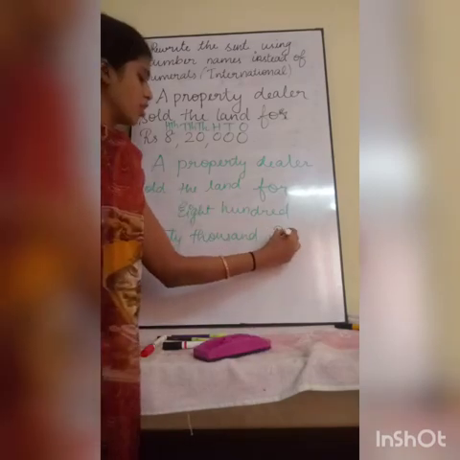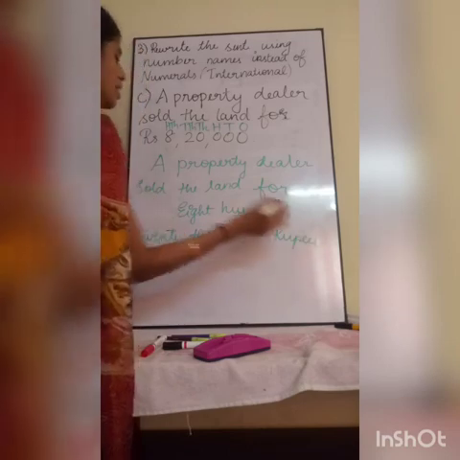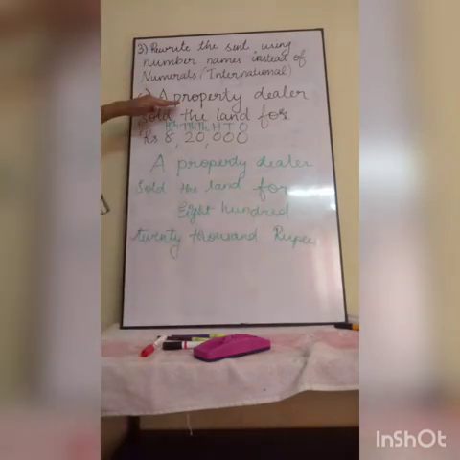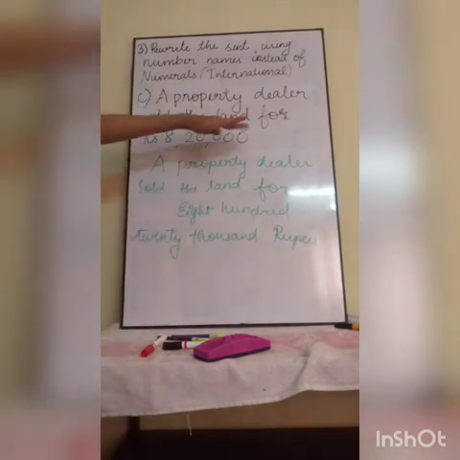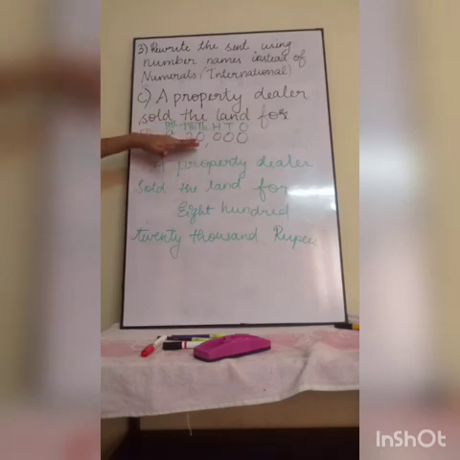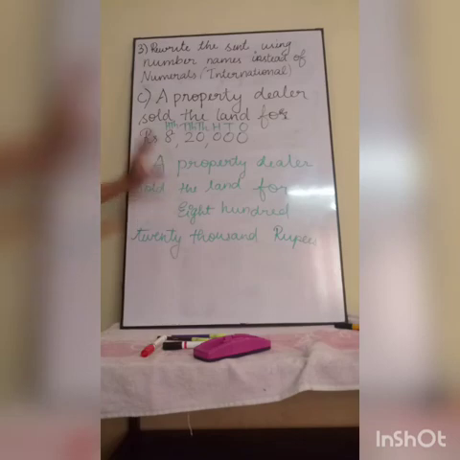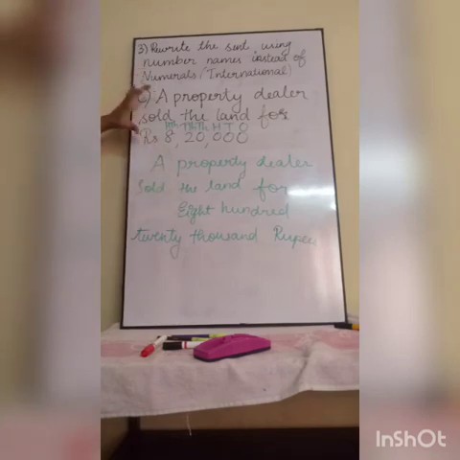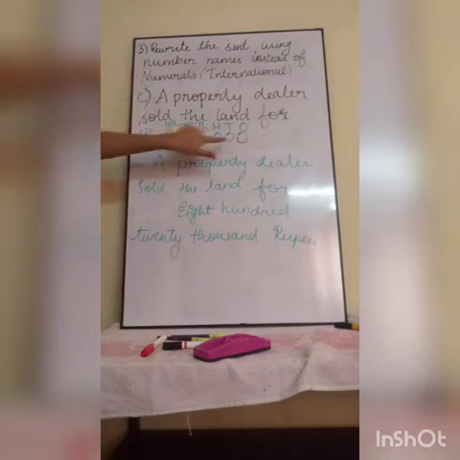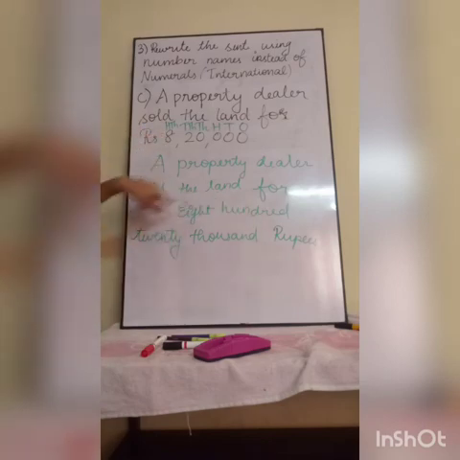Listen, a property dealer sold the land for 820,000 rupees. This is the sentence which we have rewritten, where we have changed this numeral into number names. Understood? Your D and E questions are your homework.